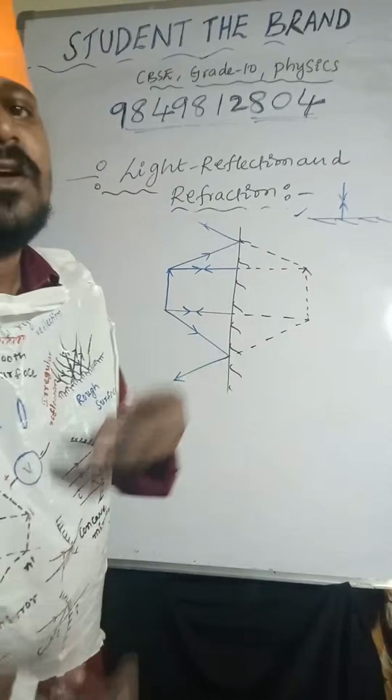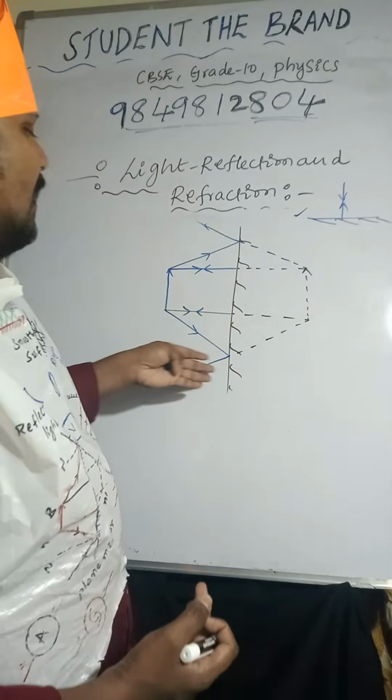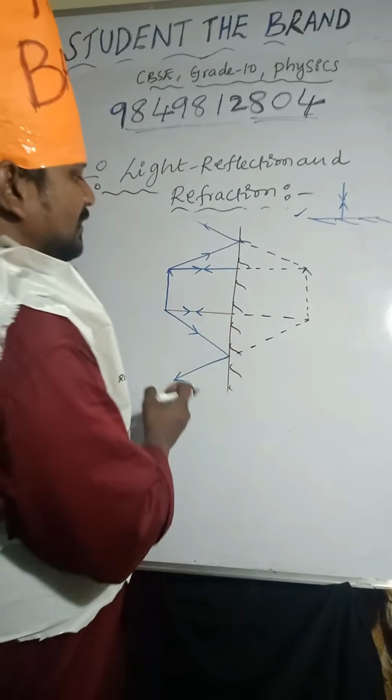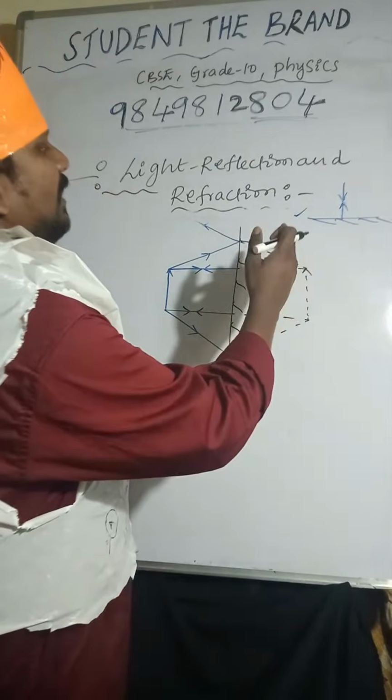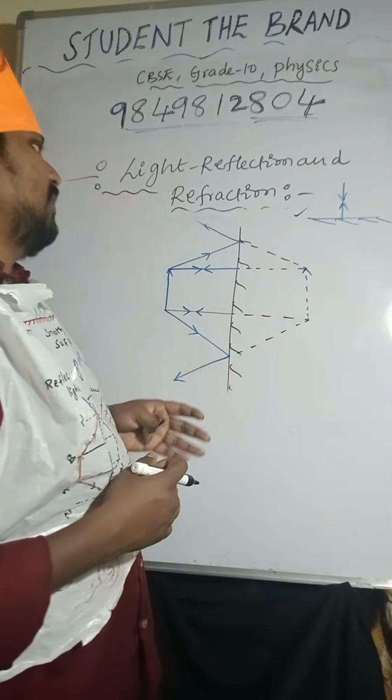Virtual image: how can we understand where it will form? By extending the reflected light rays after reflection. So we are extending them, and the virtual image is forming. We are assuming those light rays will meet at one point.